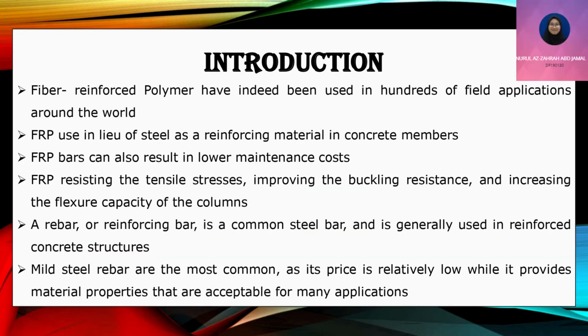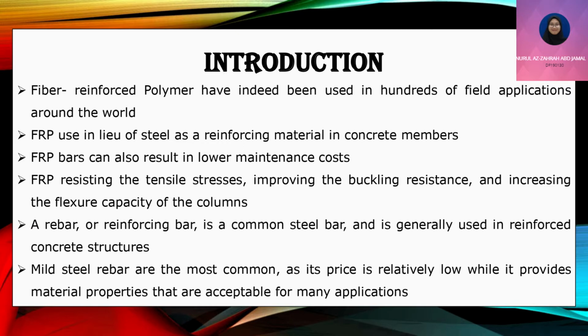Fiber reinforcement polymer have shown significant promise and have indeed been used in hundreds of field applications around the world as either external confining reinforcement or as internal reinforcement for structure members.